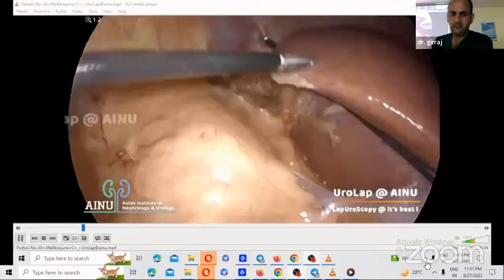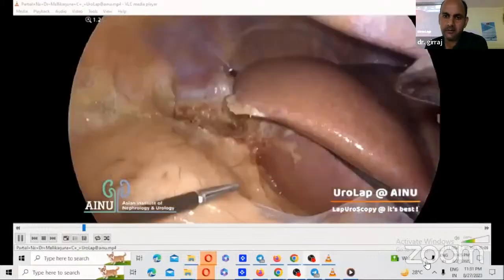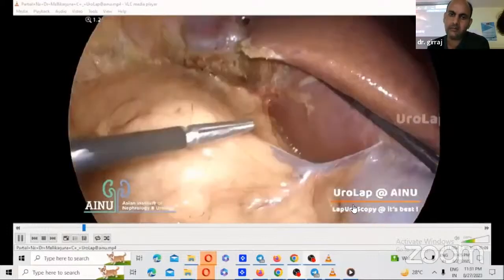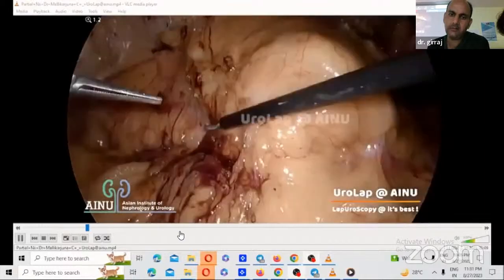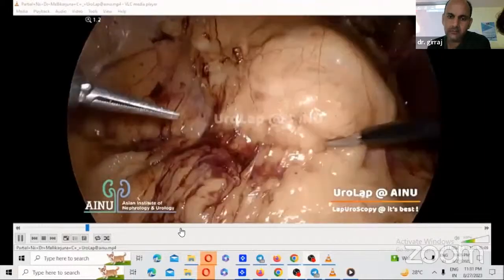After hepatic flexure mobilization, the liver is retracted and the tumor is identified, and the duodenum is medially mobilized.